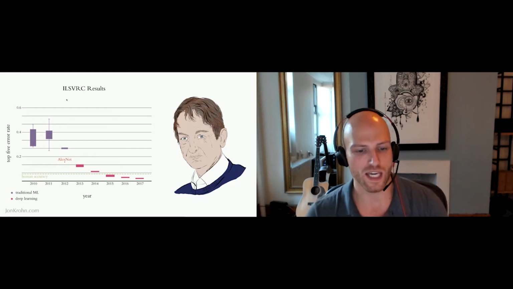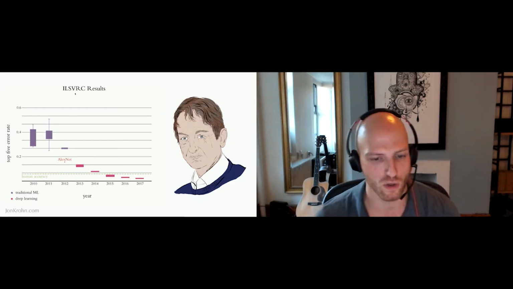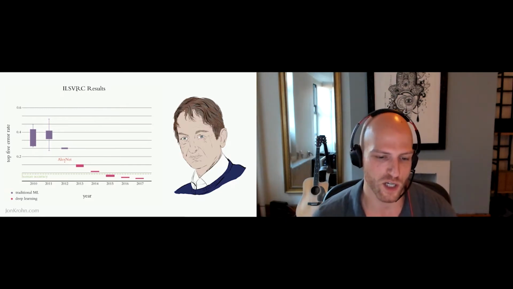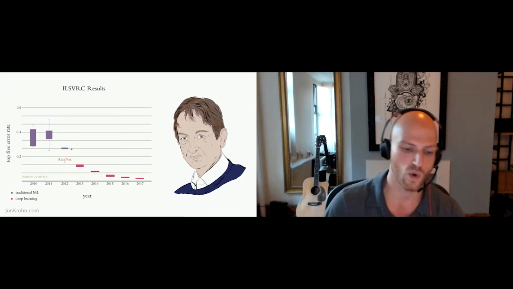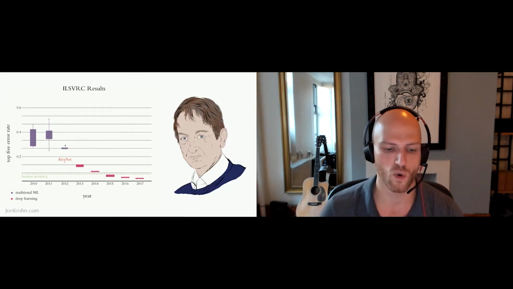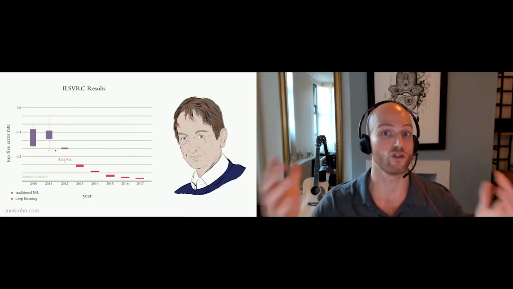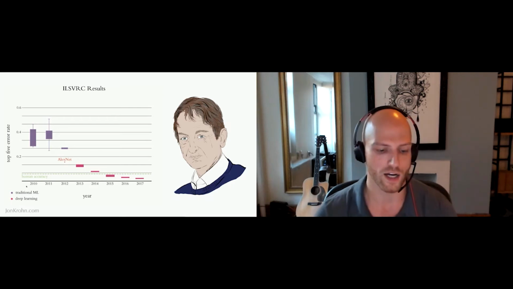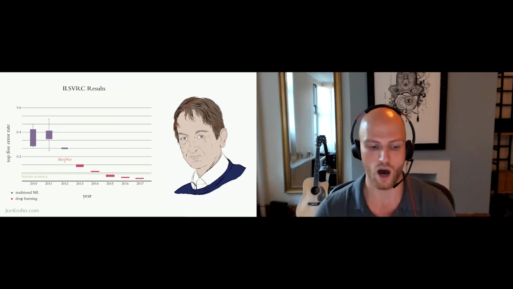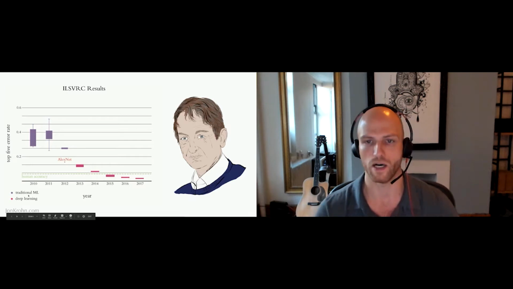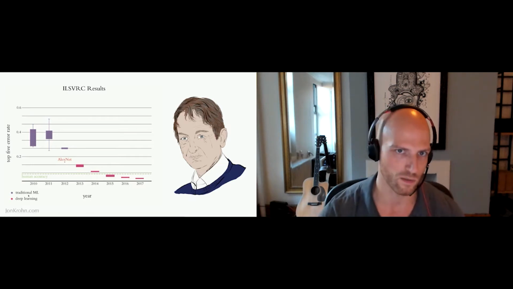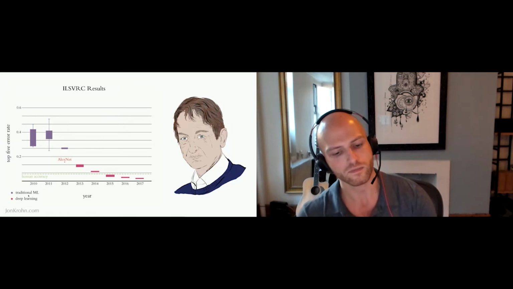So in the ImageNet large-scale visual recognition competition, or let's just call it ILSVRC for short, that competition was started in 2010, and you can see that in 2010, 2011, 2012, the vast majority of the models entered into the competition are what I call traditional machine learning approaches. I just use that as a term to mean non-deep learning approaches. So traditional ML could be regression models, support vector machines, random forests, and so on.